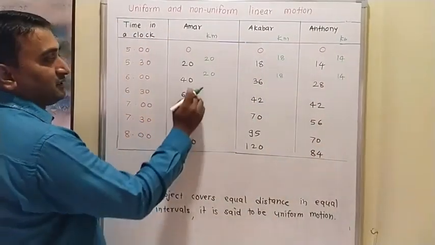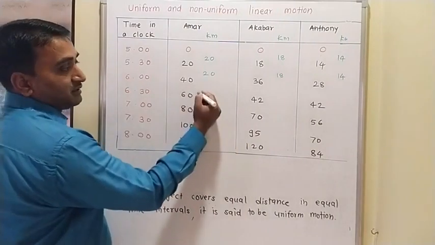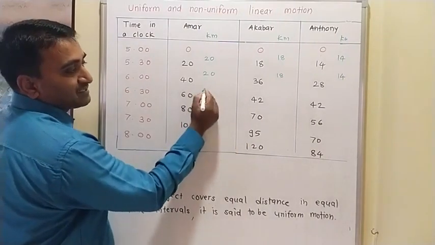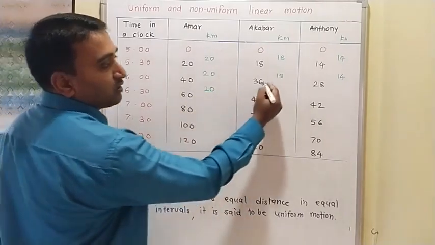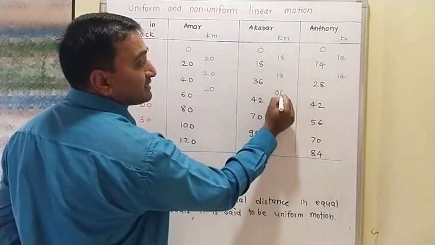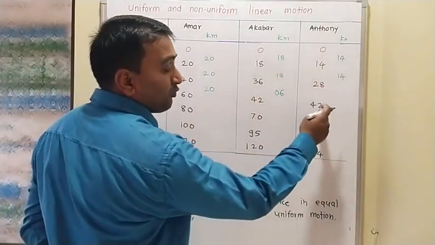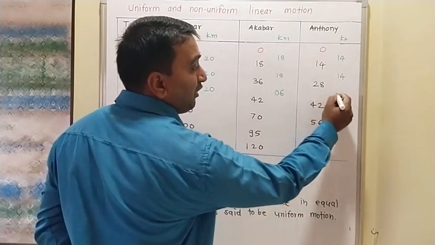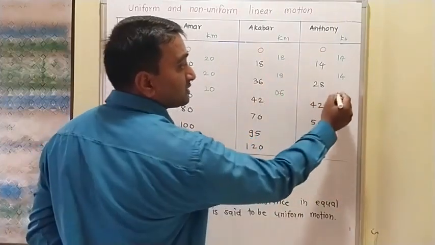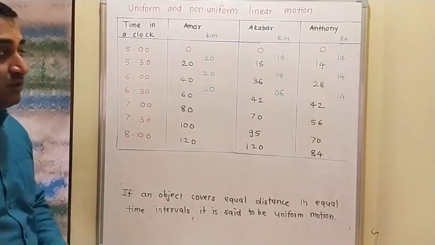Getting? Now see here, within the third half hour, the distance difference between 40 and 60 is 20. But what about here? The difference is only 6 kilometers. And here we have a difference of about 14 kilometers. So what happened here?